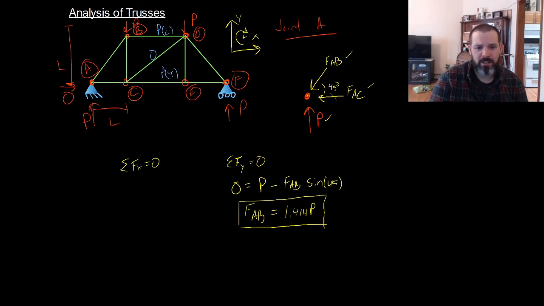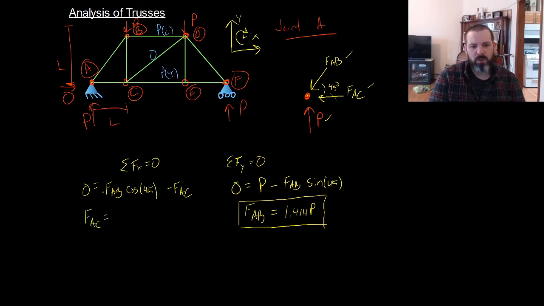If we then sum forces in the x, it's going to equal 0 equals FAB cosine of 45 minus FAC, because it's going to the left.